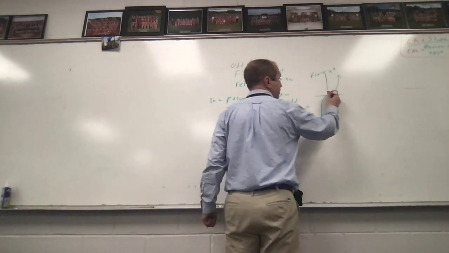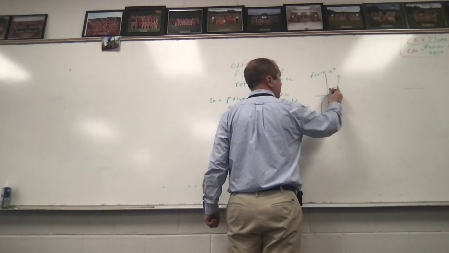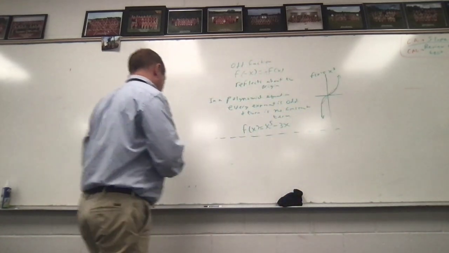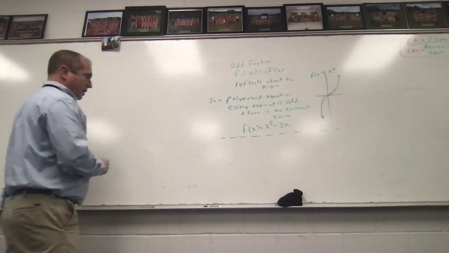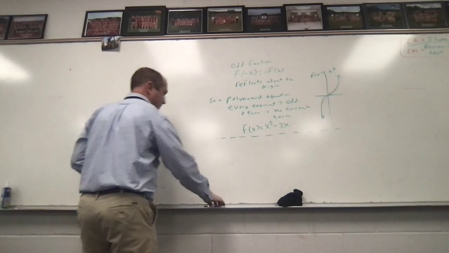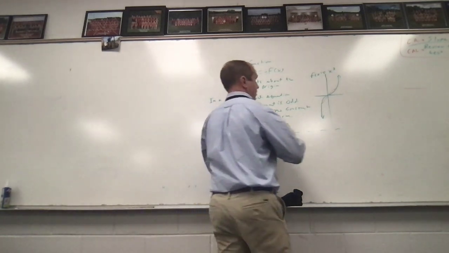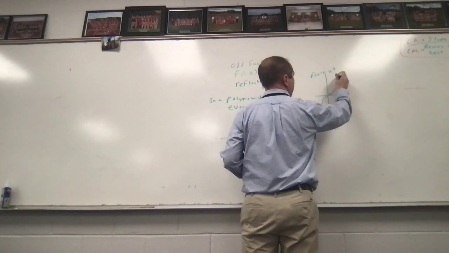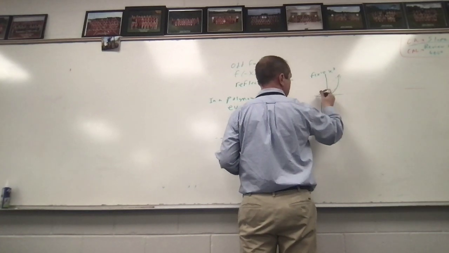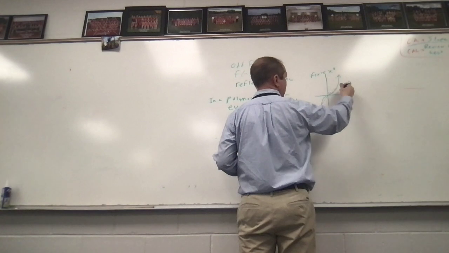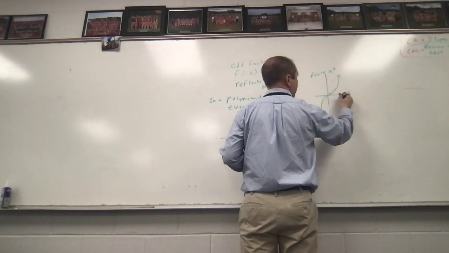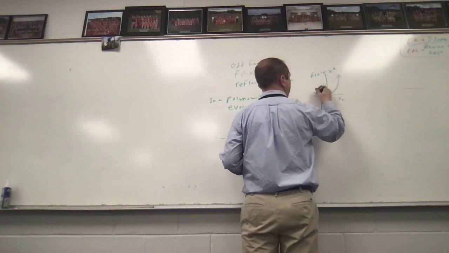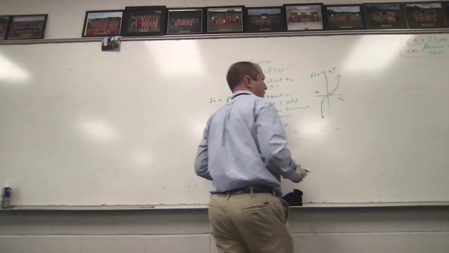So essentially my distance from here to here is equivalent to my distance from there to there, and my distance from here to here would be equal to my distance from here to here, assuming that these x values are the negative. Like this would be x sub 2 and this would be negative x sub 2 and so forth.